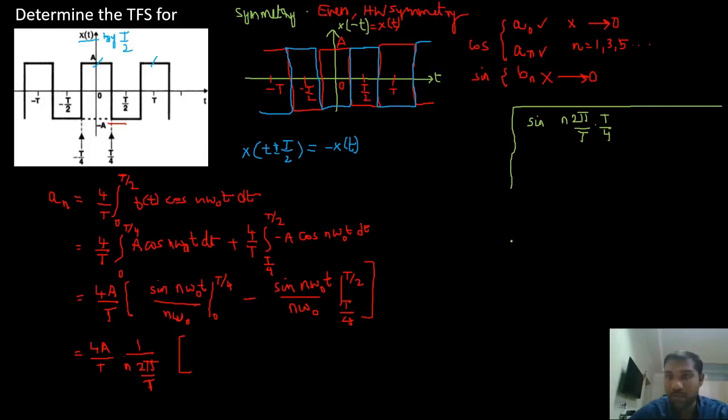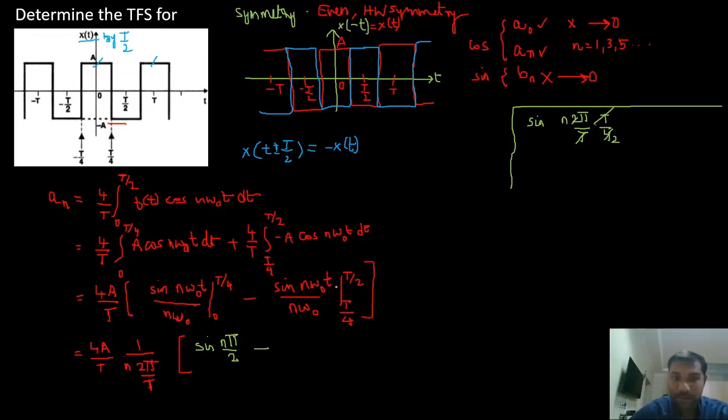T cancels and we are left with sine n pi by 2. If you substitute 0, it is sine 0, so we don't have to write that.